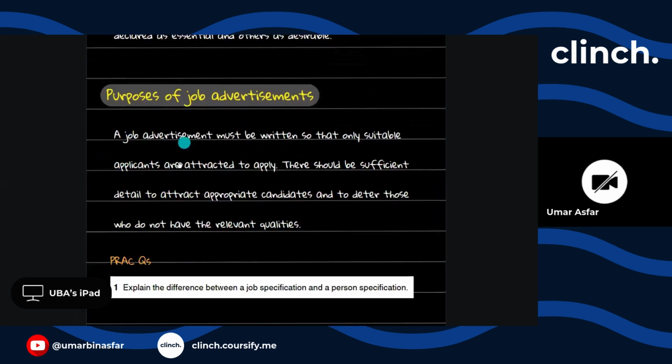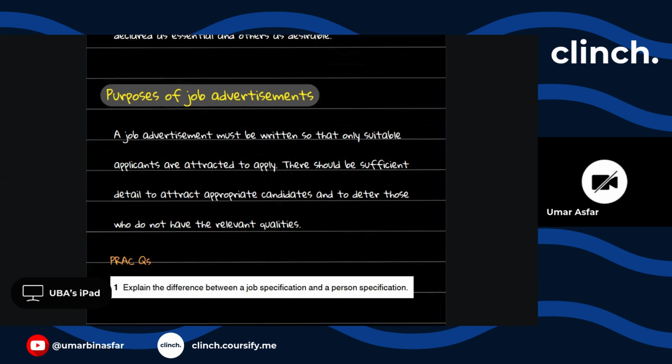Moving on to the job advert. A job advertisement must be written so that only suitable applicants are attracted to apply. So whenever you are advertising for a job, you need to write a proper job advertisement, which includes enough detail to convey the message to suitable candidates that they are being looked for and they should apply.